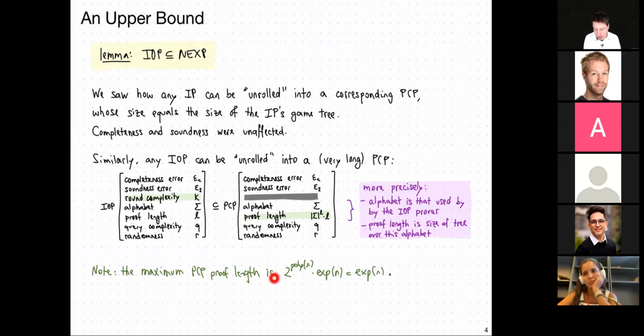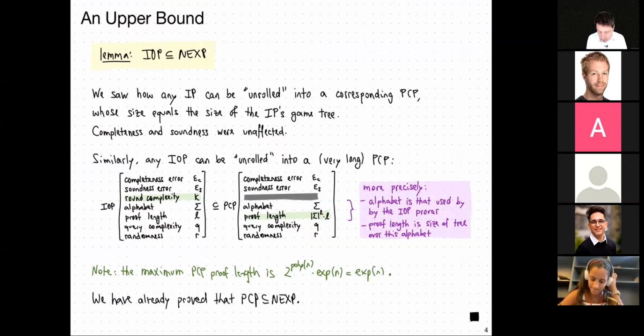And the maximum proof length, even though we're starting from something that could have had exponentially large messages, in the end is still on the order of 2 to the poly n times exponential in n, which is still exponential. So the same way that we could have started from a polynomial size interaction and gone to an exponential size PCP, we could start from an exponential size IOP, and when we open it up, it will still be an exponential size PCP.